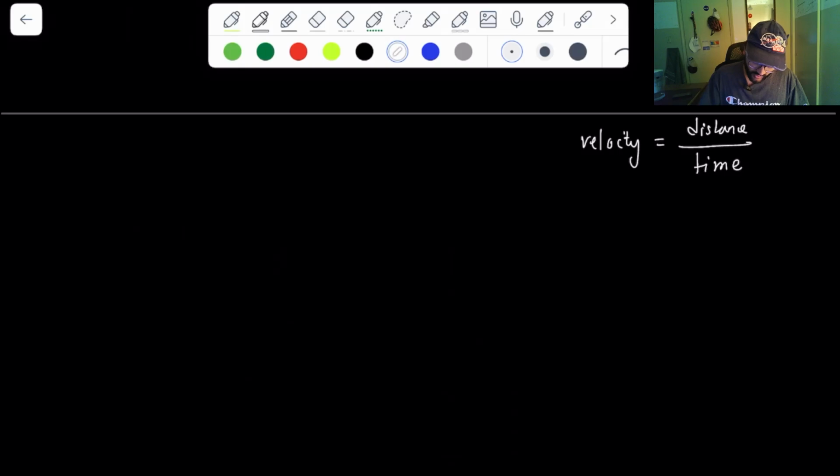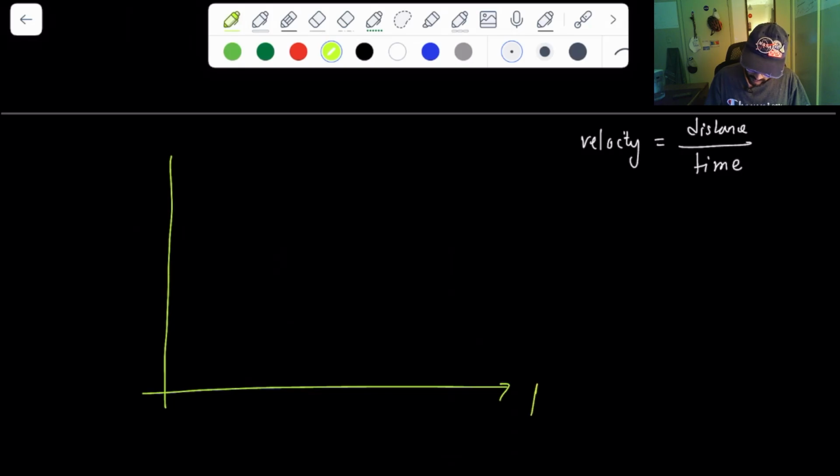So if you have a distance time graph, time on the right, on the x-axis, distance on the y-axis. Okay.